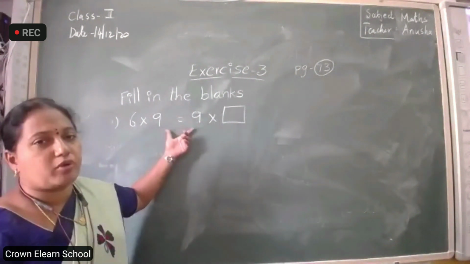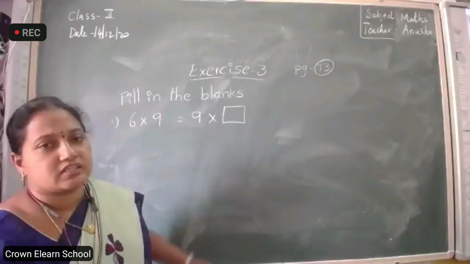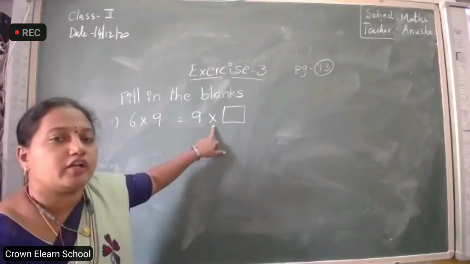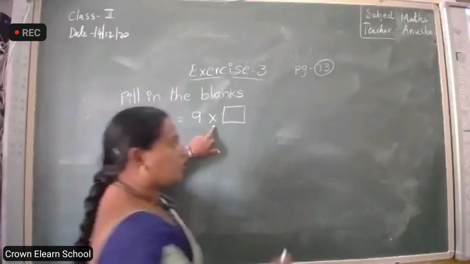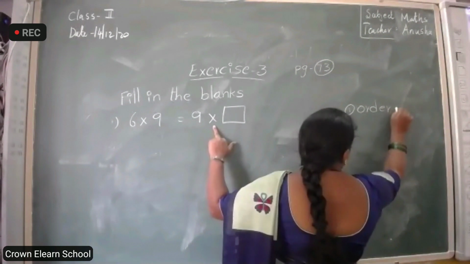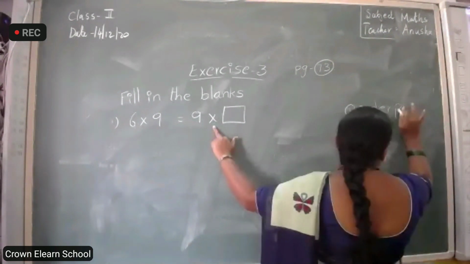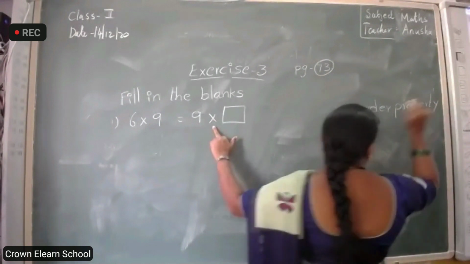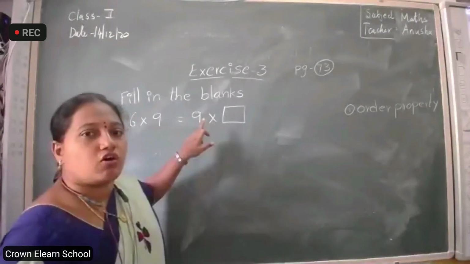Based on what property do we have to say the answer? What property do we have to use here? Order property. The first property is order property.